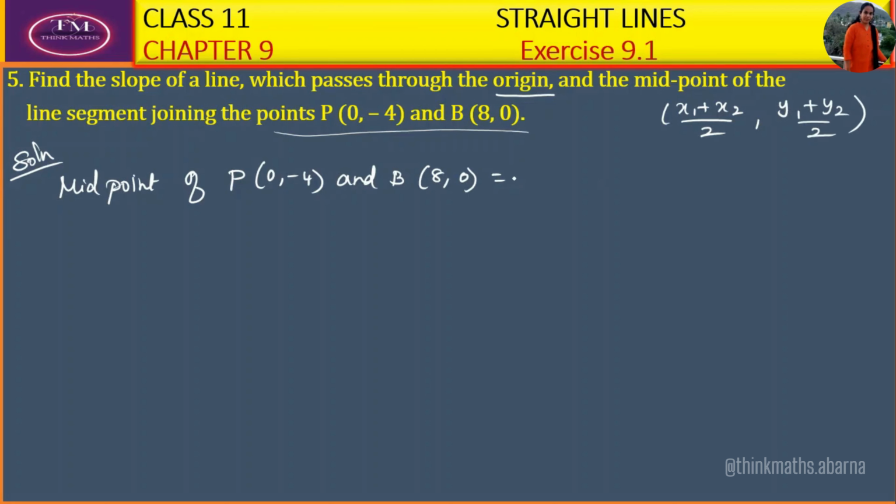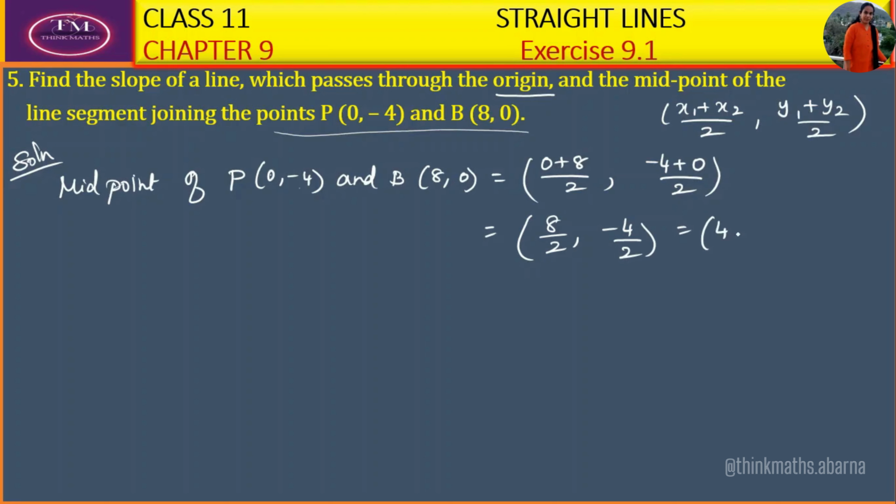So add the x coordinates, divide by 2: 0 plus 8 by 2. Add the y coordinates and divide by 2: minus 4 plus 0 by 2. 0 plus 8 is 8 by 2, minus 4 plus 0 by 2, which is equal to 4 comma minus 2. So this is the midpoint of PB.